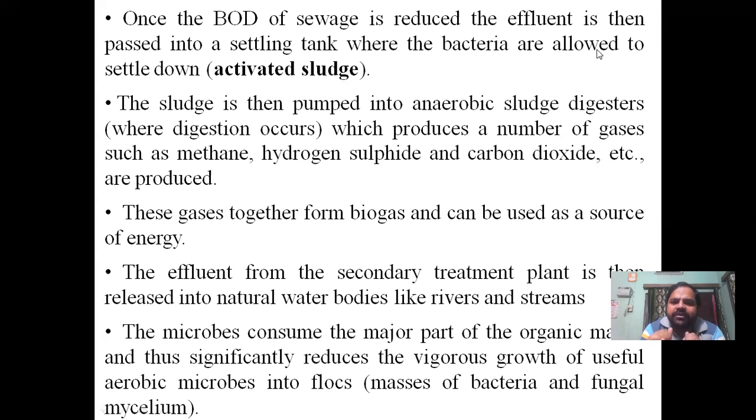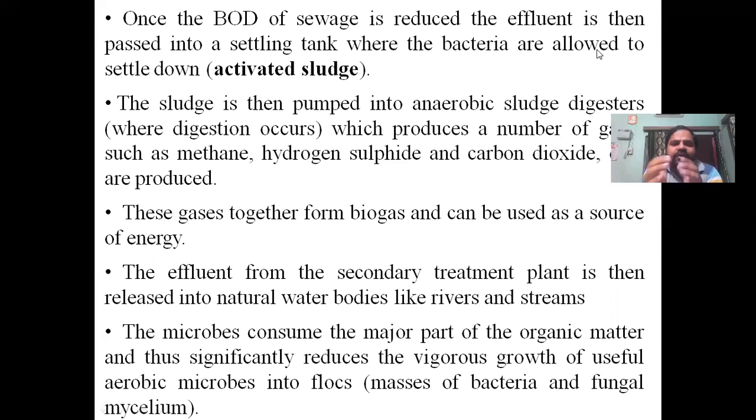The sludge is then pumped into an anaerobic sludge digester where digestion occurs, which produces a number of gases such as methane, hydrogen sulfide, carbon dioxide, etc. These gases form biogas, which can also be used as an energy source. The effluent coming from the secondary treatment plant is then released into natural water bodies like rivers and streams. In this way, we can produce biogas and we can also recycle the water.